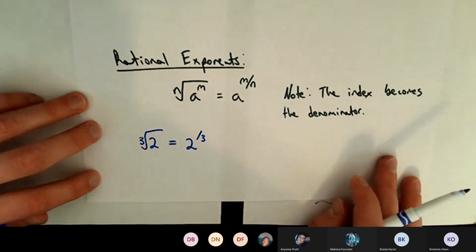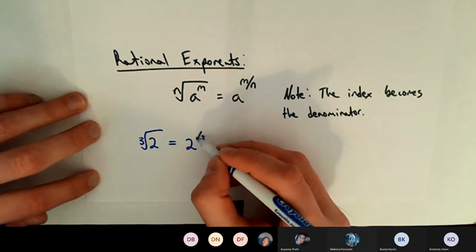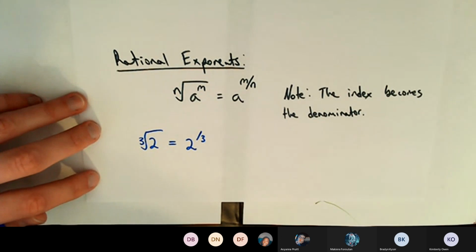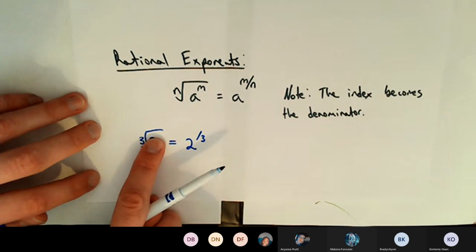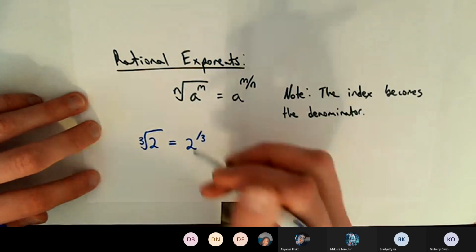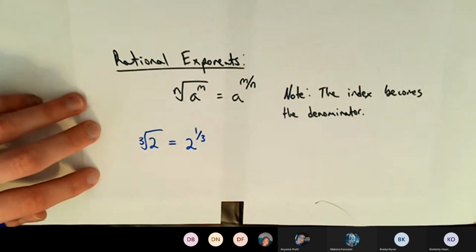Okay, how about Devon? Do you know what the numerator of this exponent would be? Would it be 1? That's right. So when it's not explicitly written, we understand that value to be a 1. So the cube root of 2 is the same as 2 to the 1/3 power.